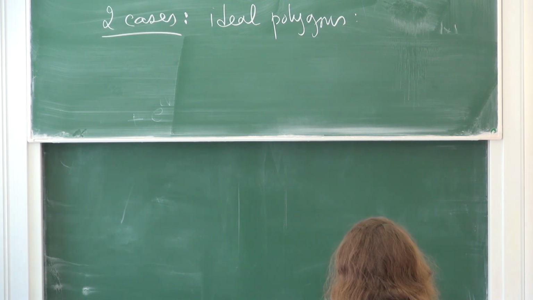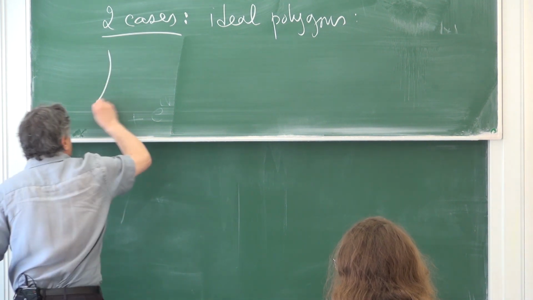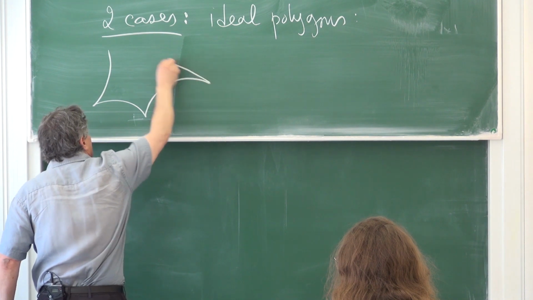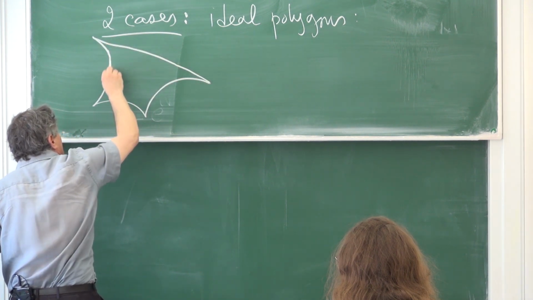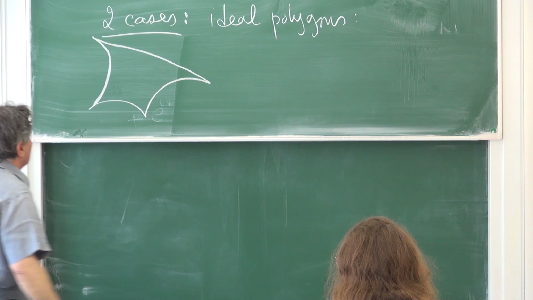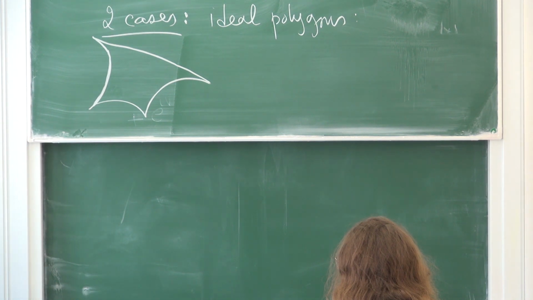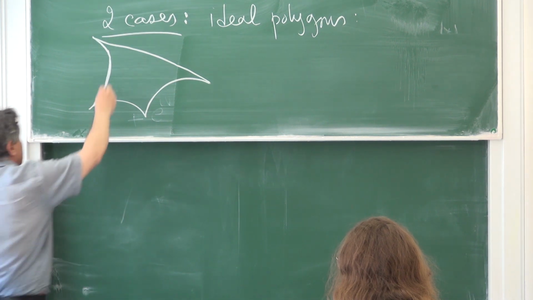We know that we can glue ideal triangles, and the easiest way to obtain figures using gluings of ideal triangles is these ideal polygons. So we have this, an ideal quadrilateral.